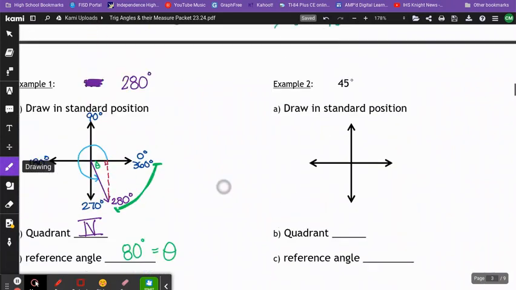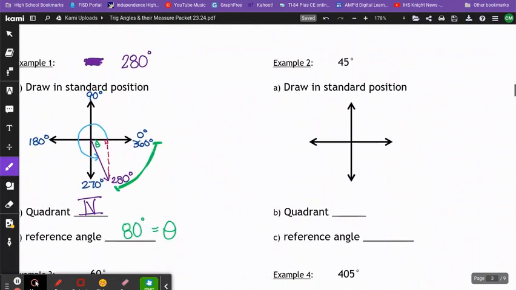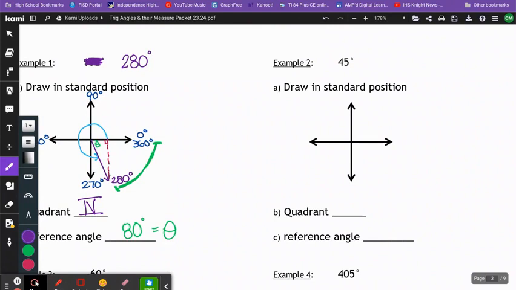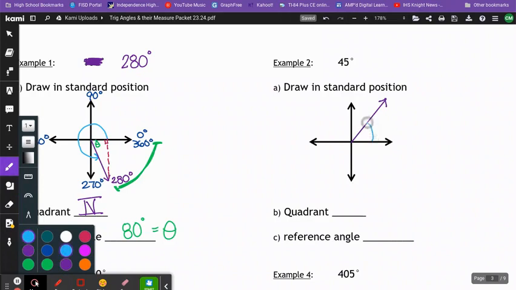And then really quick, I'll show you this one. When it lands in the first quadrant, sometimes it's a little awkward because the reference angle is the same number as the actual angle measure itself. So here's my rotation.